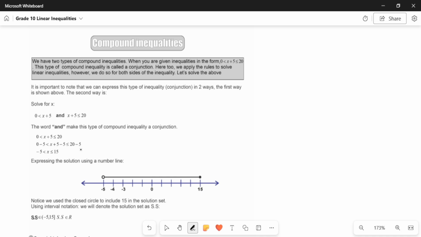Understood? So what that means is that if I input, let's look here, x plus 5 must be greater than 0 and less than or equal to 20. Very, very important. Watch what I am saying.